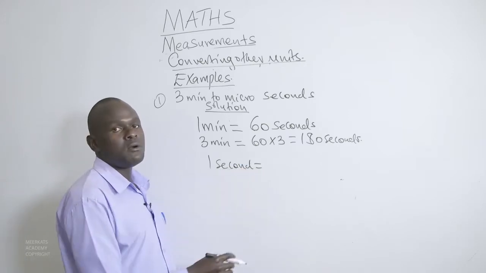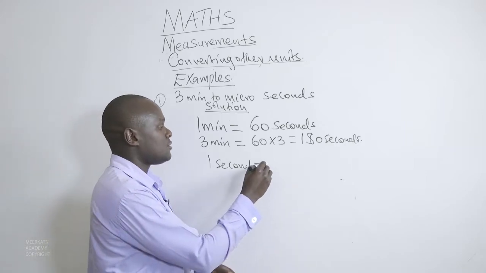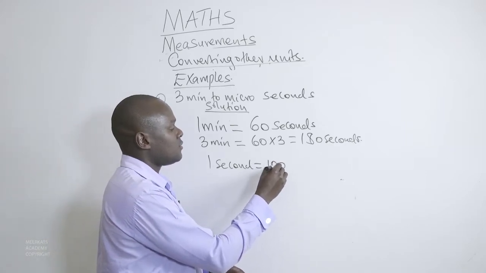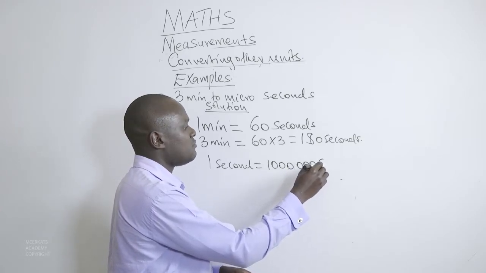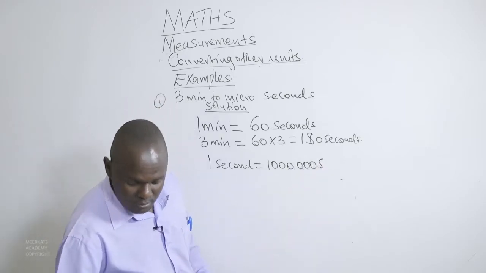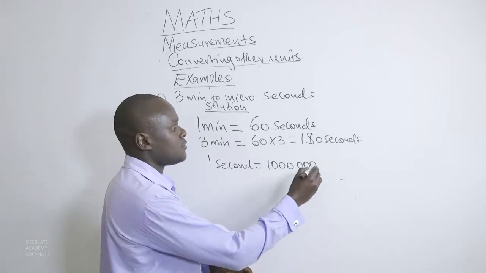Micro means 1 million, so 1 second is the same as 1 million microseconds.